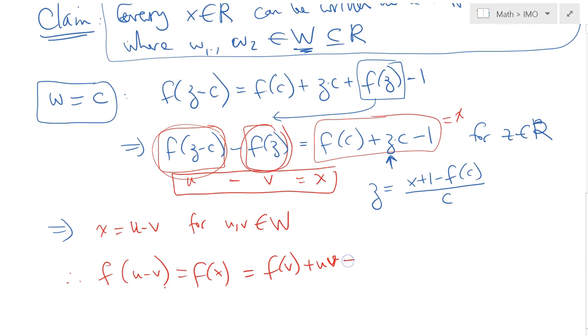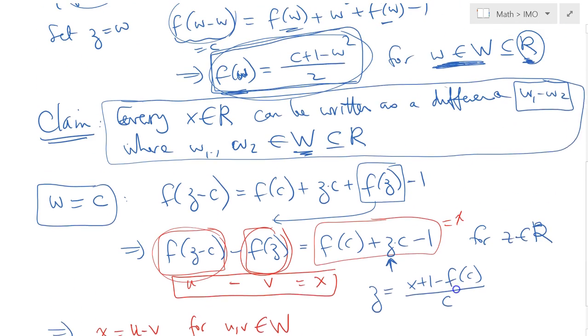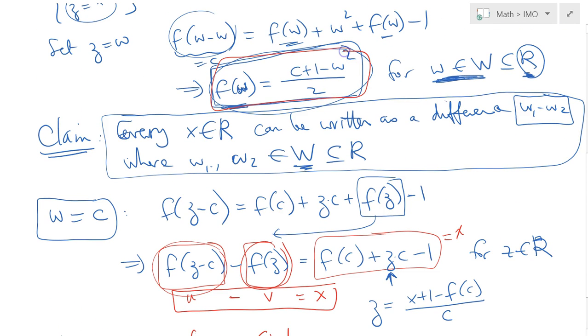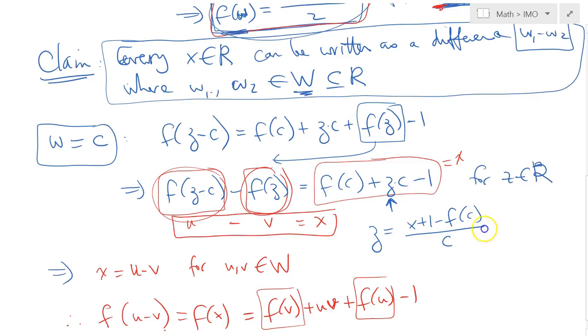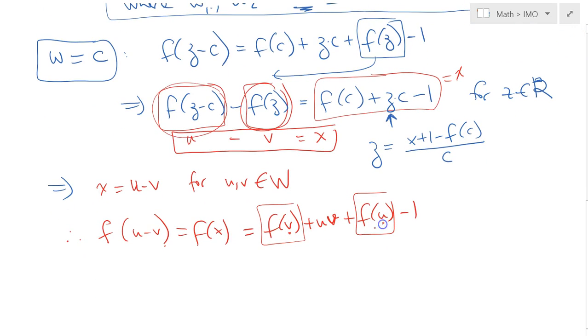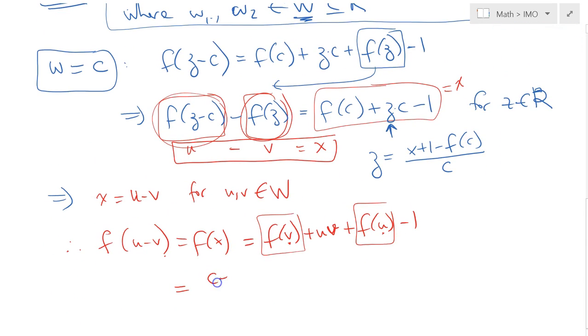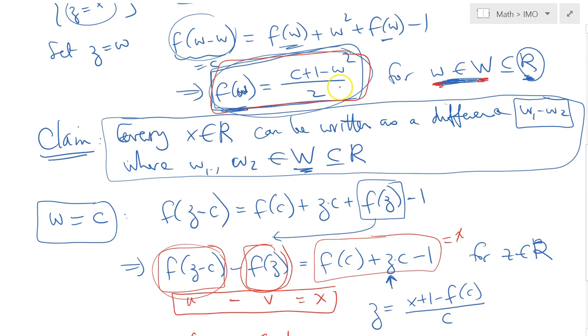And now I can apply the definition of f that I found out earlier, and this definition works for any w in W. So both v and u are from W, so replacing it with v first, that's f of v, c plus 1 minus v squared over 2, I think. Was it c or 2? Oh yeah, it's 2.